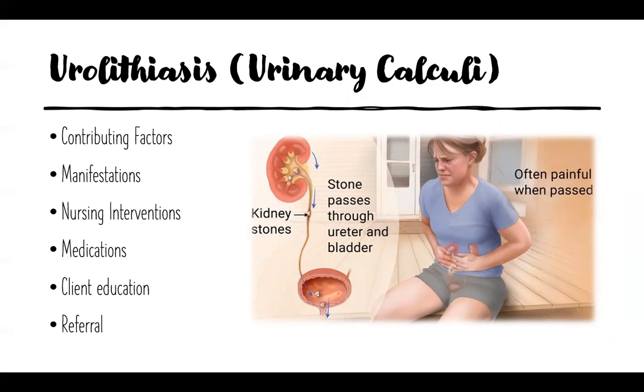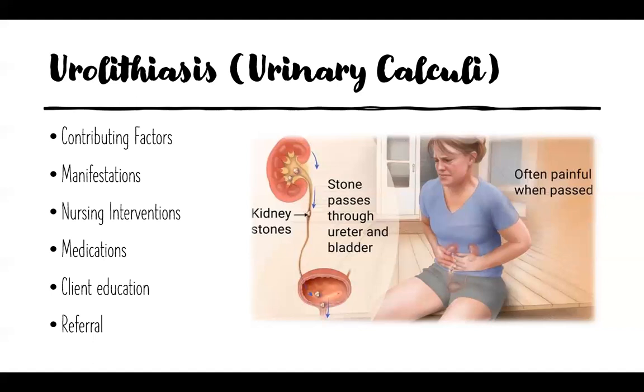So contributing factors to urolithiasis or urinary calculi can be obstruction or urinary stasis. The patient is not emptying their bladder. Uric acid stones, excessive purine intake. And maybe if the patient is immobilized, that can also increase their risk of stones.